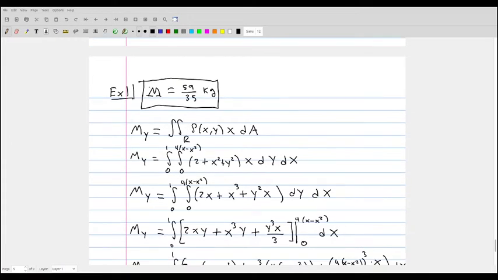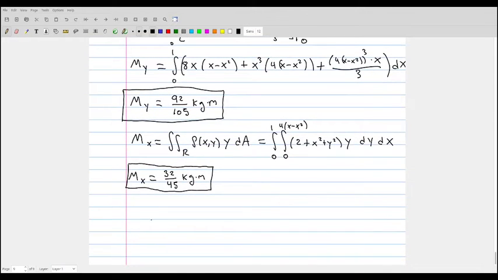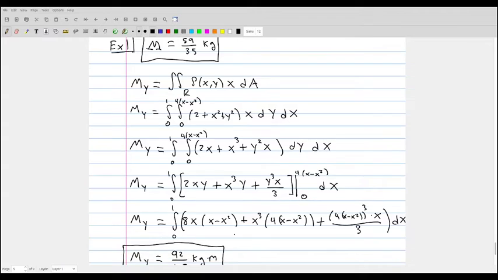So what we have then is an exact means of calculating the exact value of the center of mass. The x center of mass is going to be My over M, which is going to be this 92 over 105 divided by 59 over 35, which is our mass from before.